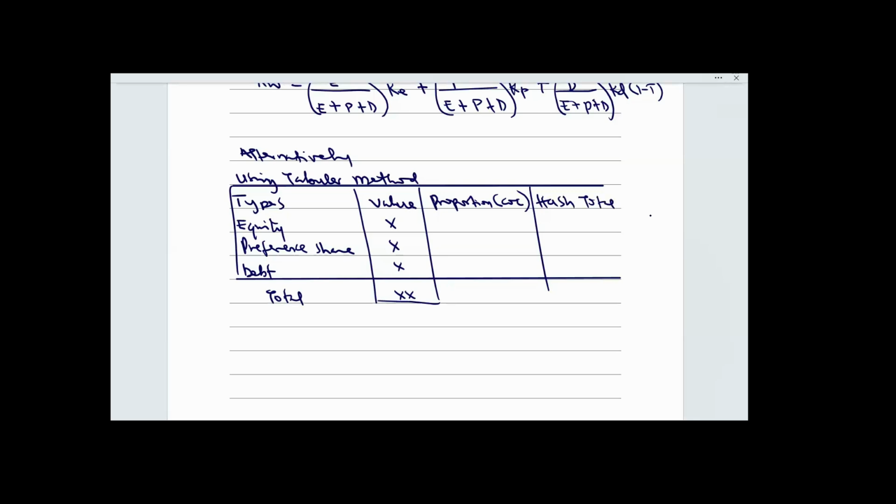So the proportion of individual capital, what I simply mean by cost of capital is that, of course, you have already calculated your cost of equity. Whatever you have as your cost of equity, put it there in percentage. For example, KE, here is KP, here is KD. Whatever you have calculated as cost of equity, cost of preference, and cost of debt, put it there in percentage.